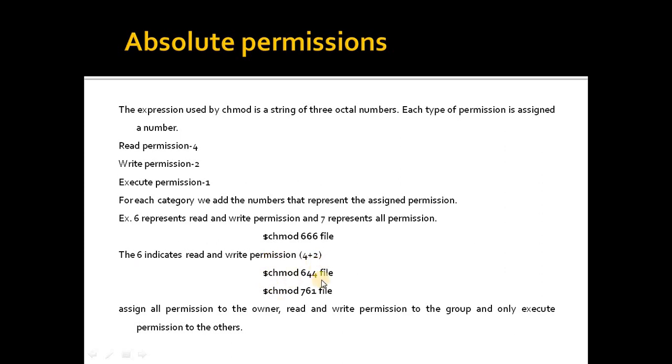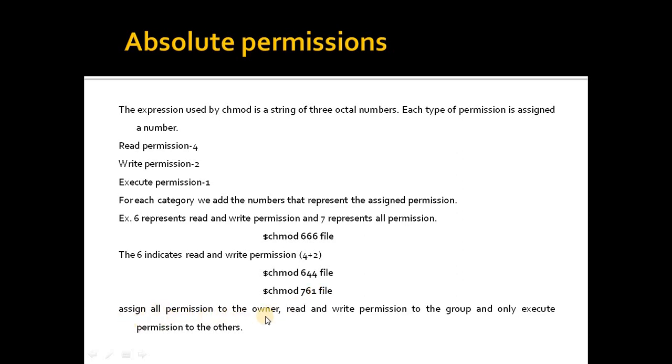Now in this given example chmod 644, this means the user has read and write permission, the group has only read permission, and others has only read permission. In this given example chmod 761 file name, this indicates all permissions for the user, read and write permission for group, and only execute permission for others.